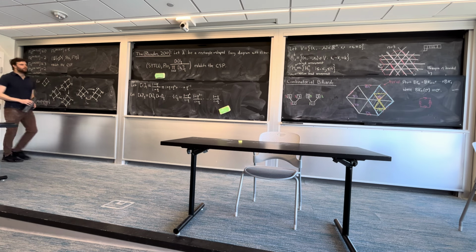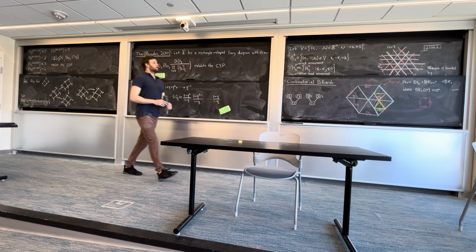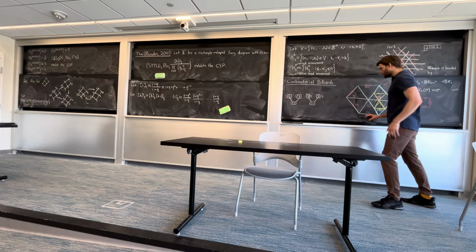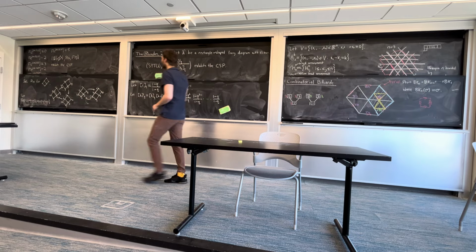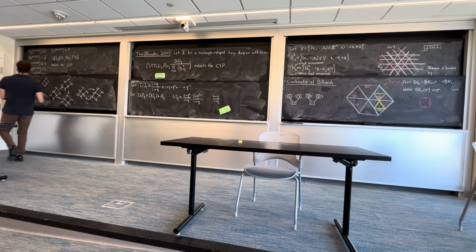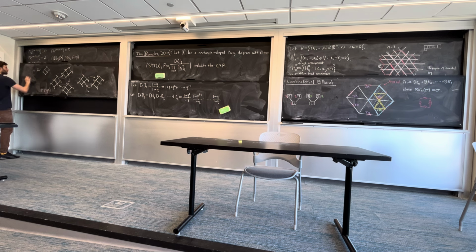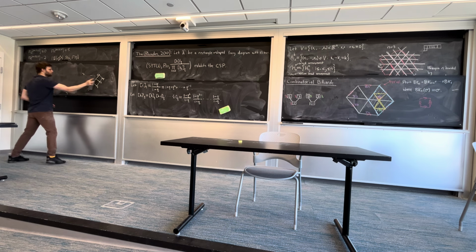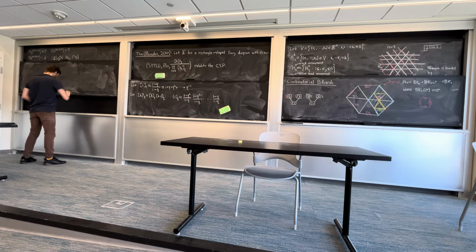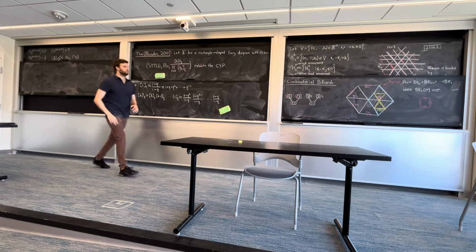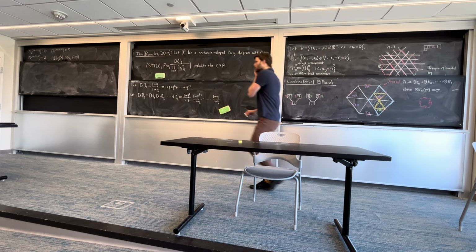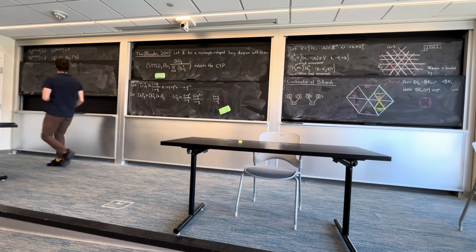Well, okay, maybe I'll say this. What I want to do is take my hexagon here, which is a torus. So my hexagon is a torus, and it has these toric hyperplanes in it.